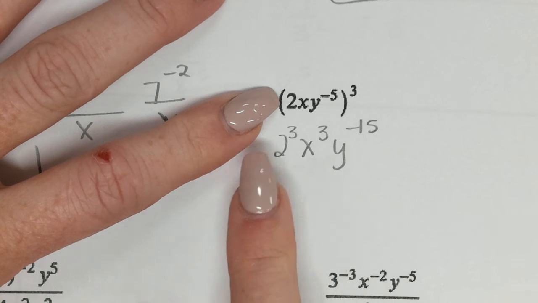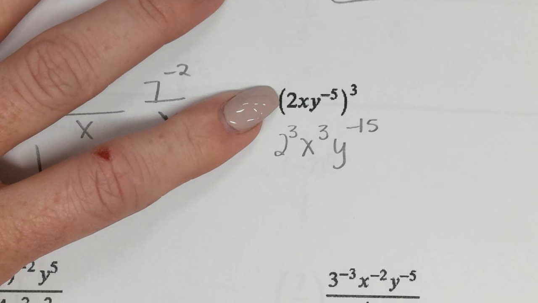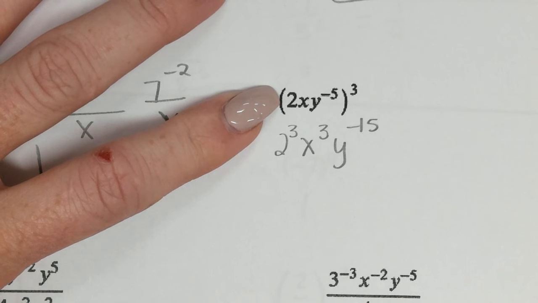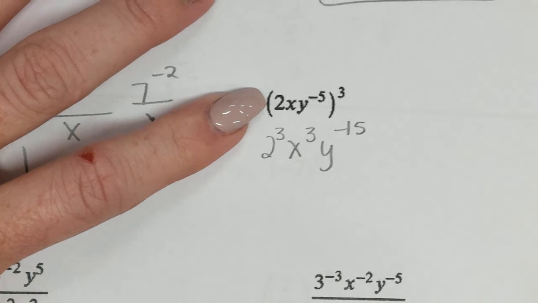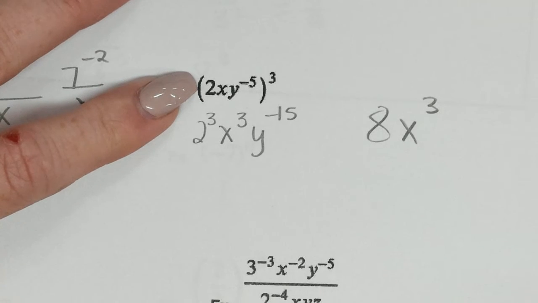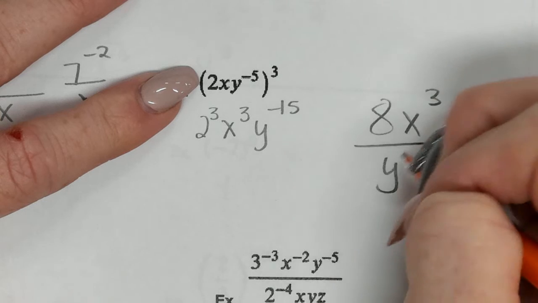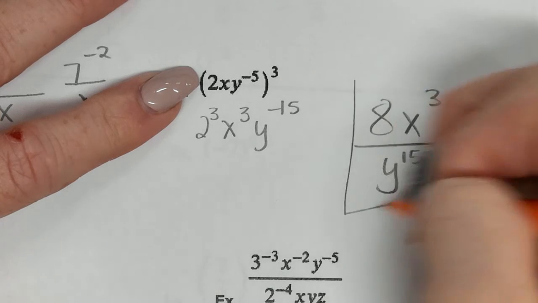Are there any similar bases? No. So can I expand 2 to the third? What's 2 times 2 times 2? That's probably better than 2 to the third. So I'm going to have 8 x to the third on top. And what's going to go to the bottom? Y to the 15th. And get rid of the negative sign.